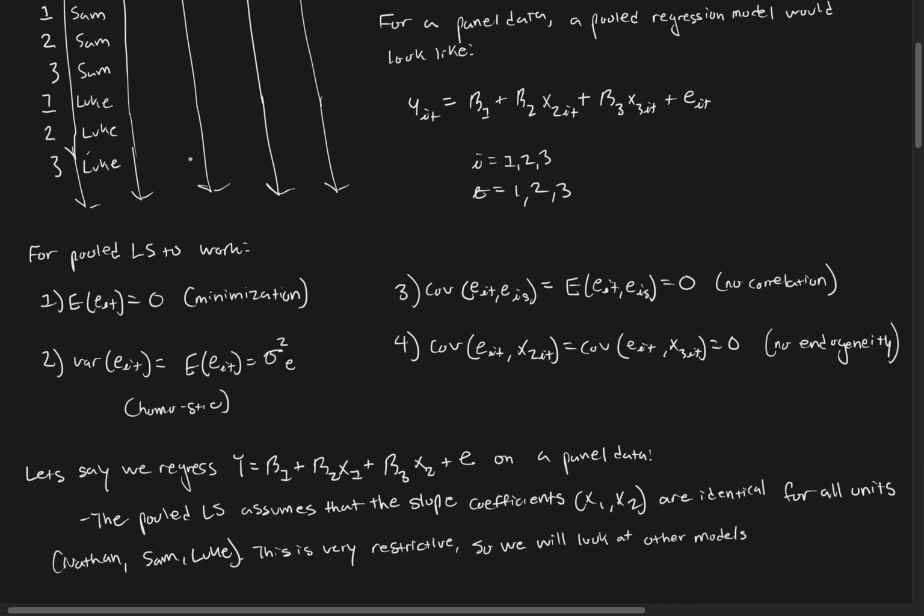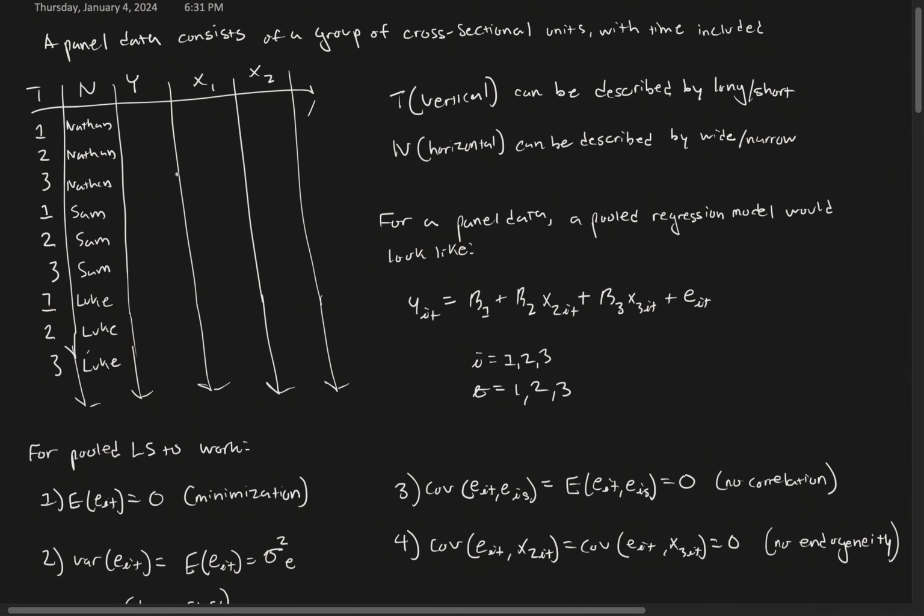So obviously the main point is that we usually want a larger sample. When we're sampling Nathan and Sam and Luke, we want a longer time sample, more than 3, and we want more individuals rather than just Nathan, Sam, and Luke.